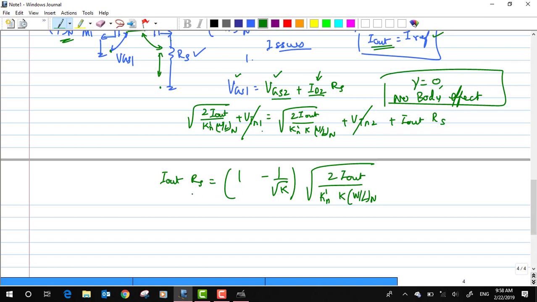Yeah, it's sitting here, right? So I'm just going to take the square on both the sides. When I do so, I would have something like I out square and RS square, and this factor would be retained with the square value. And this entire square would go off, and I would have something like this.